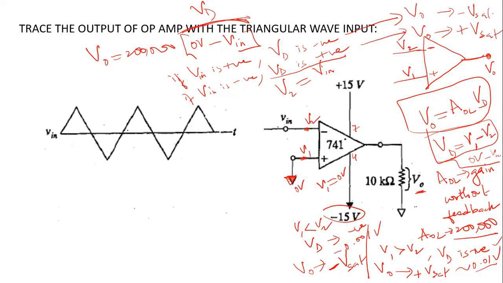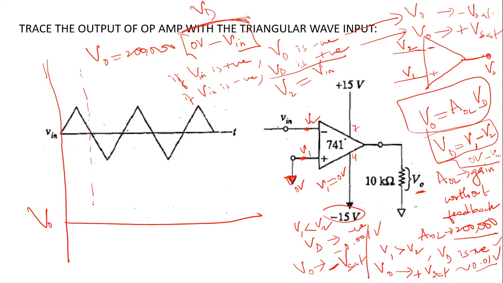So I hope you understand the point we discussed here. So if you are going to trace the output signal, let's say this is your V naught output you're going to plot here, let me put a dotted line like this.